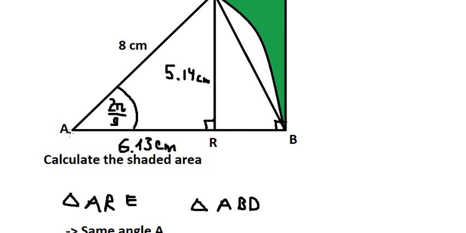We know that AB, that is number 8. Now we want to find this one. We have number 8 minus this number in here. And you got about 1.87.